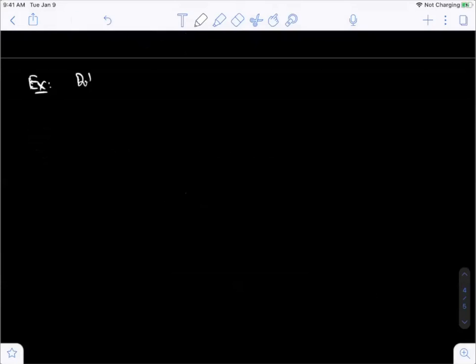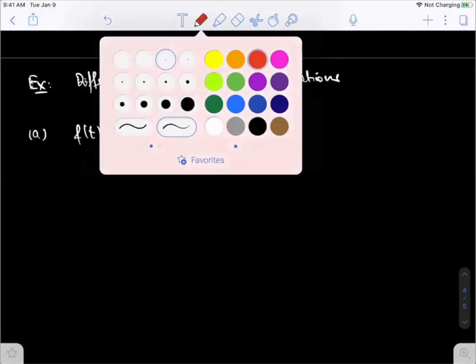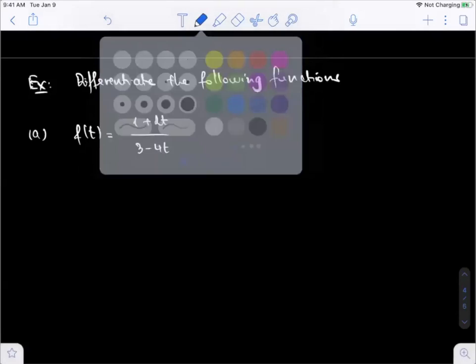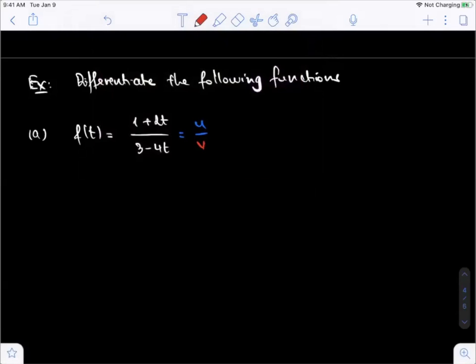So differentiate the following functions. Part A, f of t is equal to 1 plus 2t divided by 3 minus 4t. I want to do this using the quotient rule. So this is u over v, for u equal to 1 plus 2t and v equal to 3 minus 4t.